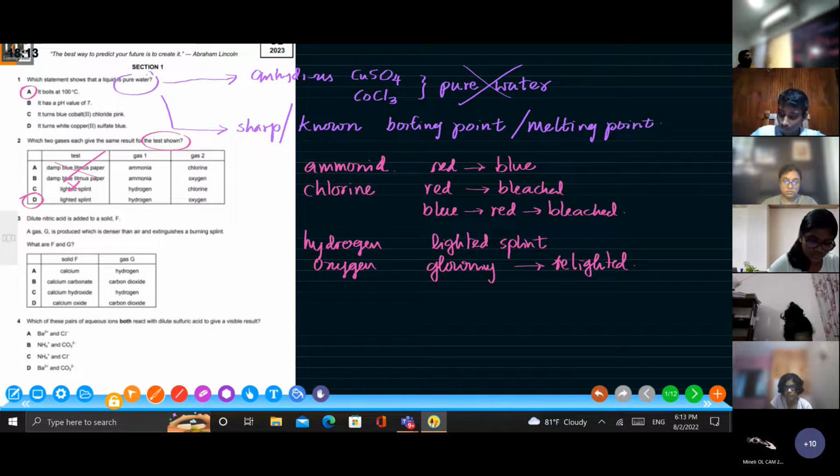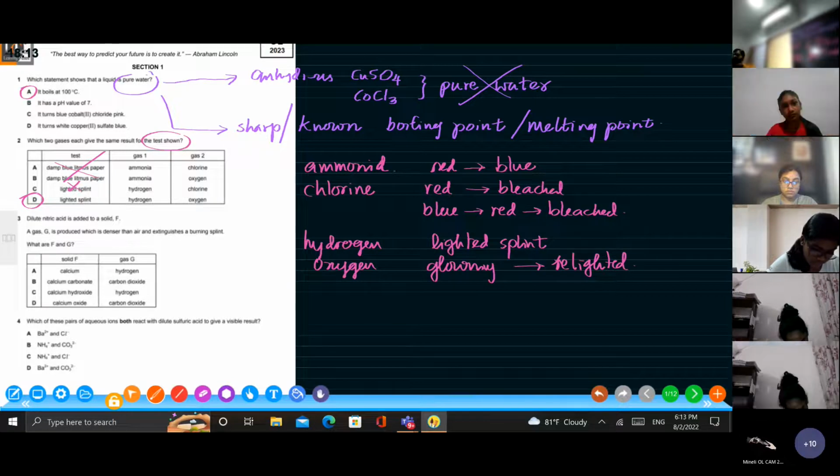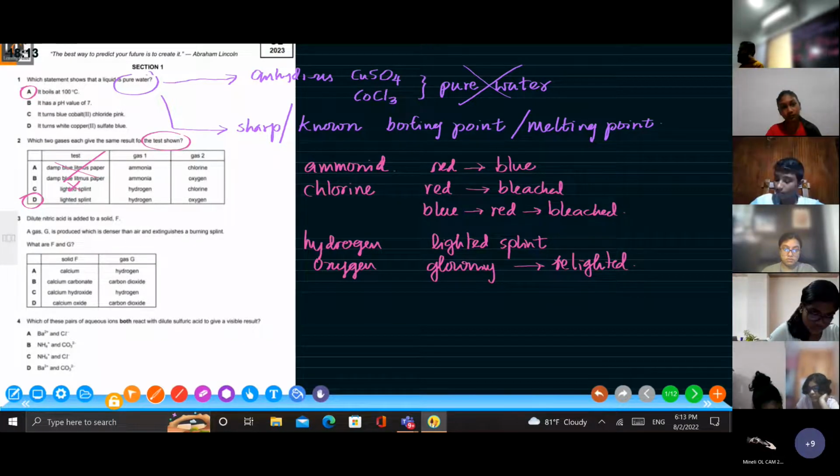But you have a question: is it correct? It's true that we need a glowing splint for oxygen. But can't we do that with the lighted splint itself? You can. When you bring the lighted splint, the flame goes higher with oxygen, so you can say it's oxygen. If it is hydrogen, the flame will be extinguished with a pop sound. Therefore it is an acceptable answer. That's how MCQs are.